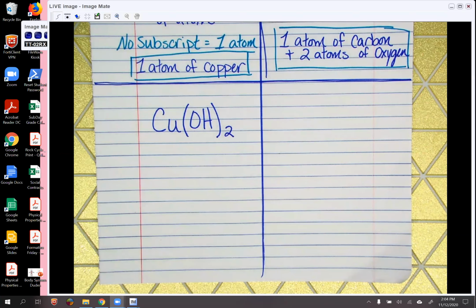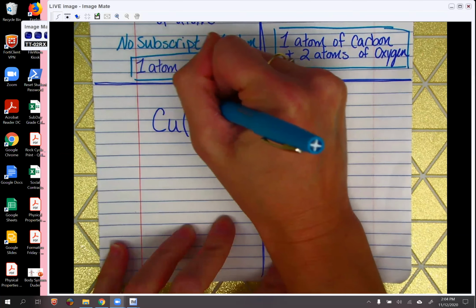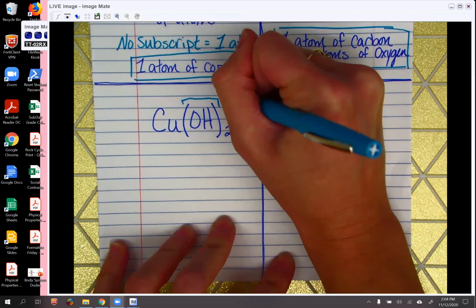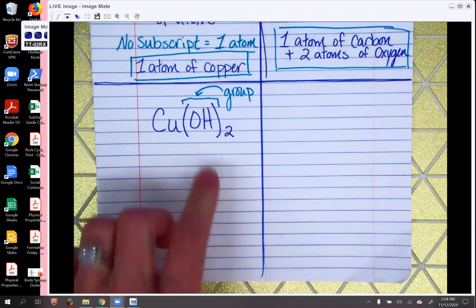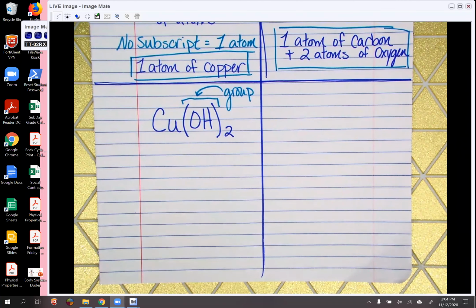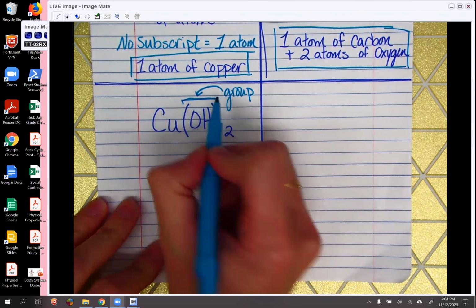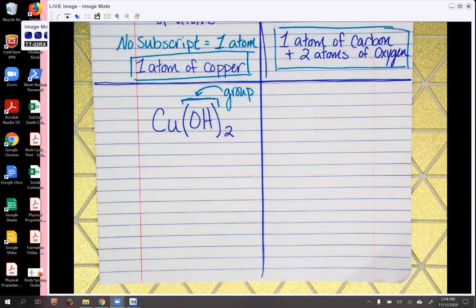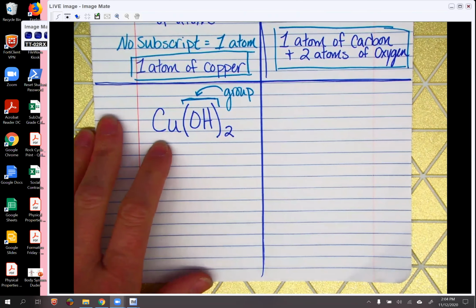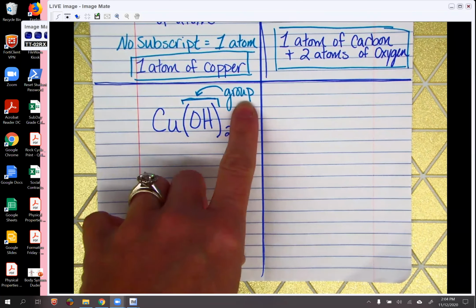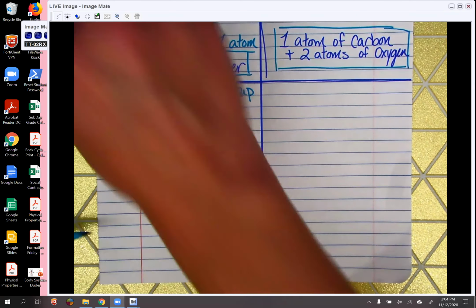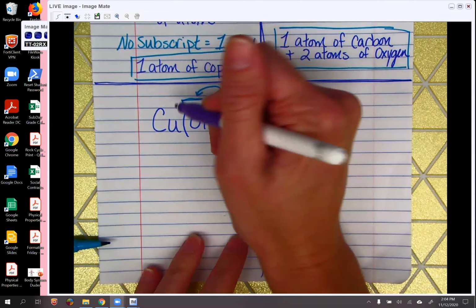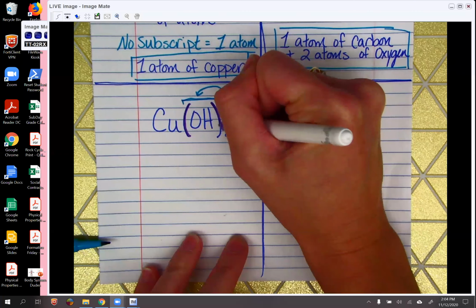So everything in this parentheses is called a group. So this is an OH group. And what that's telling us is this molecule has 2 groups of OH and 1 copper. So you'll know you have a group when you see those parentheses show up.